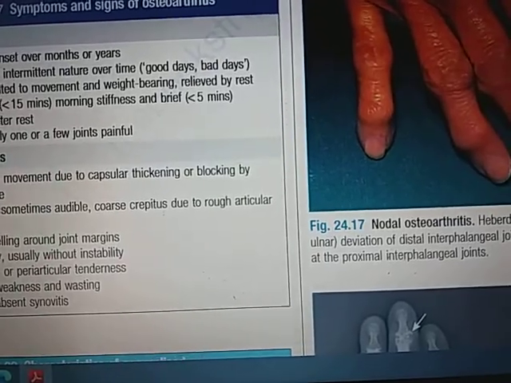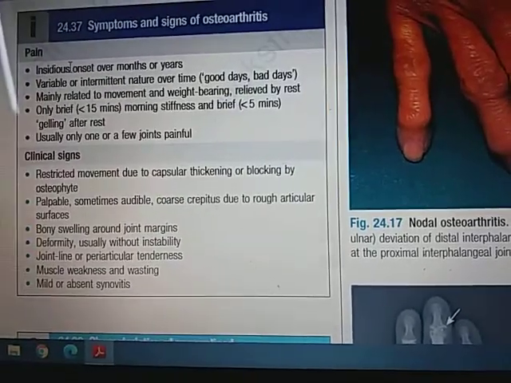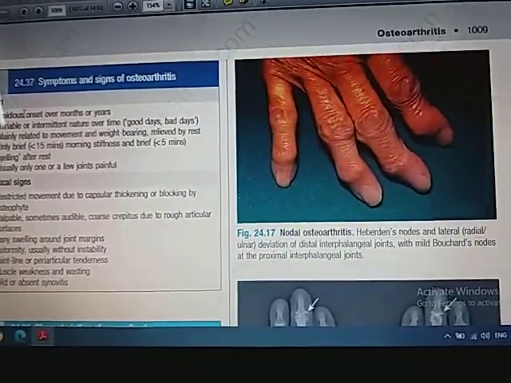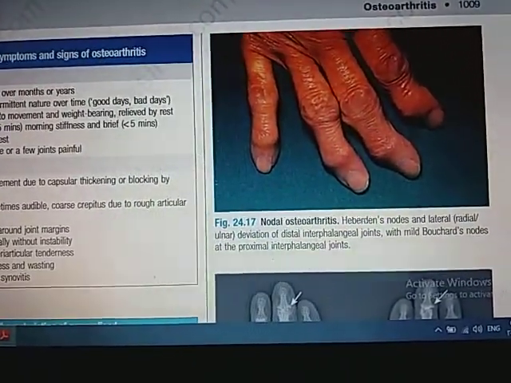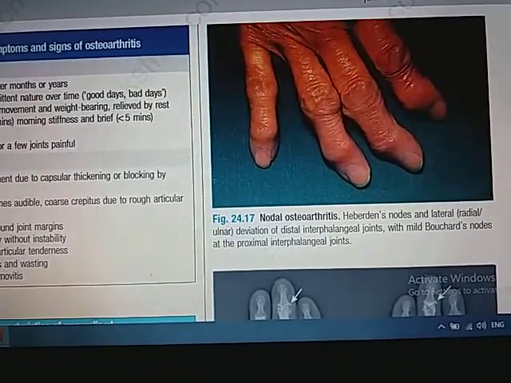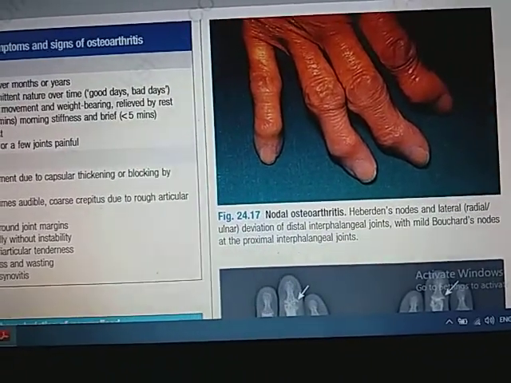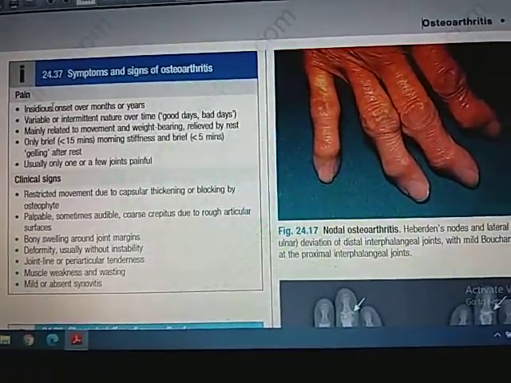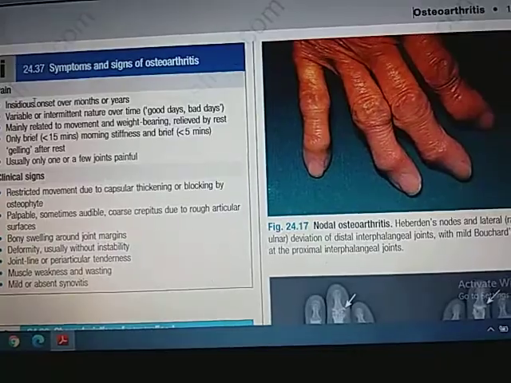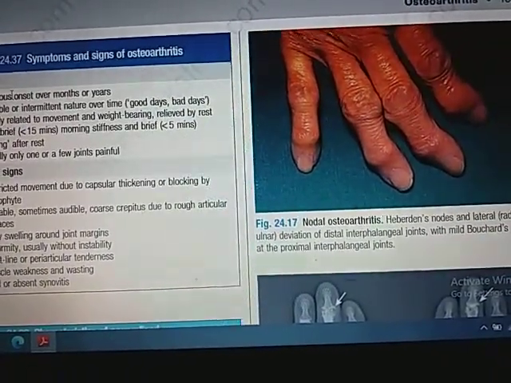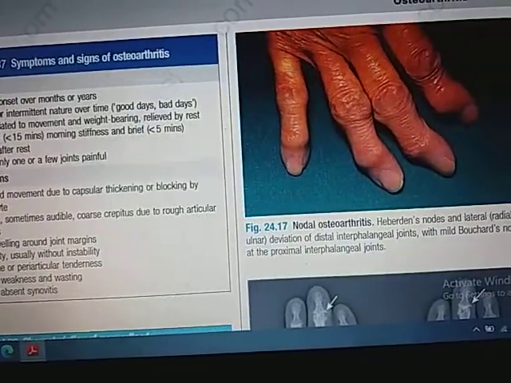As regarding the signs, there will be restriction of movement. There will sometimes be palpable or audible crepitus, coarse crepitus. There will be bony joint swelling and deformity of that joint.